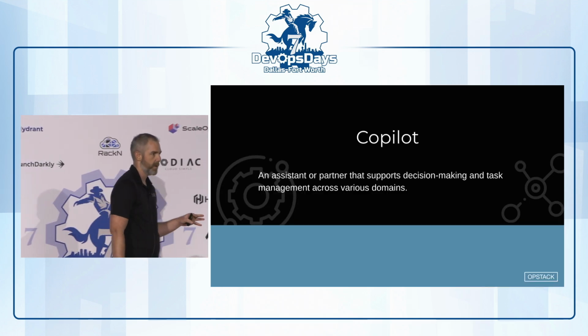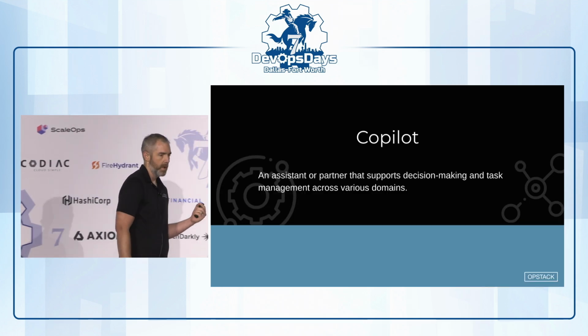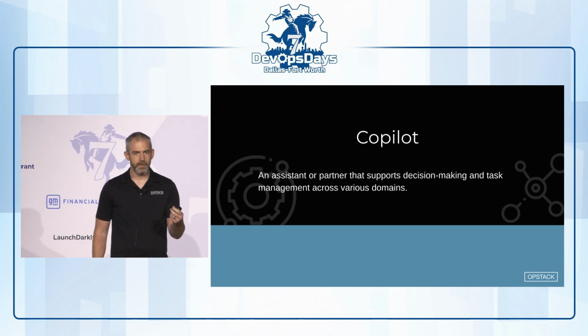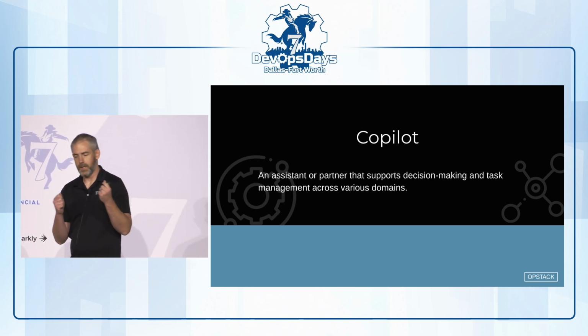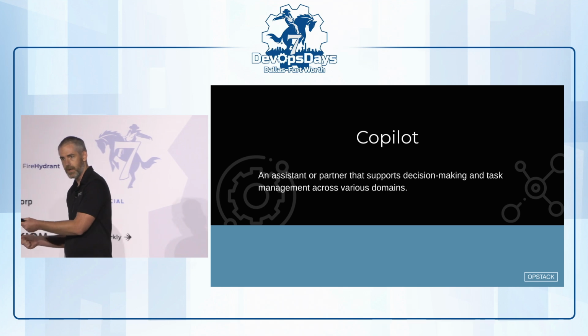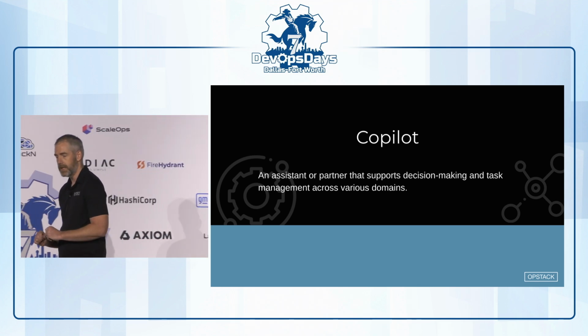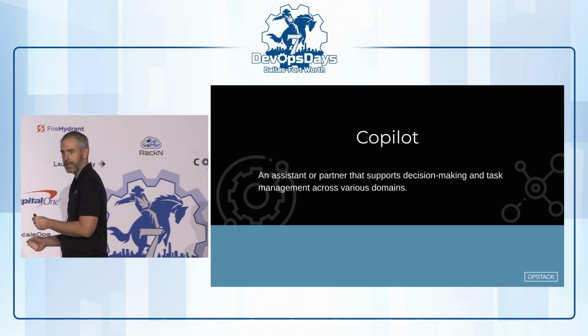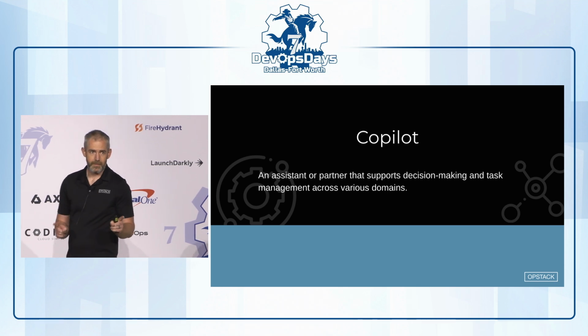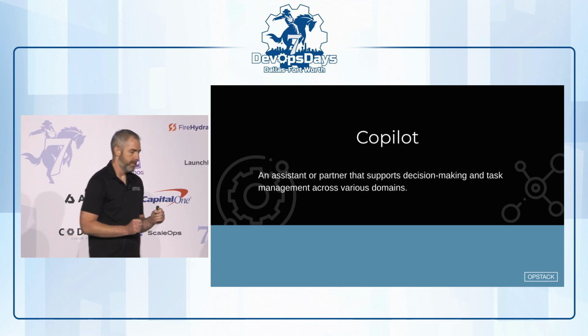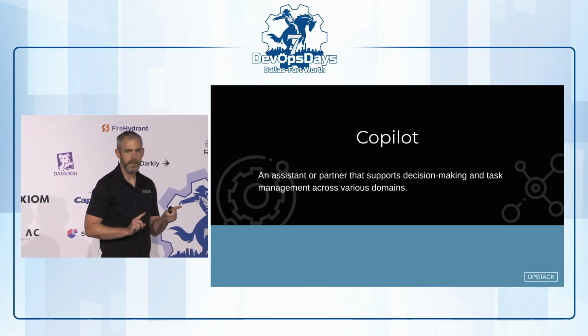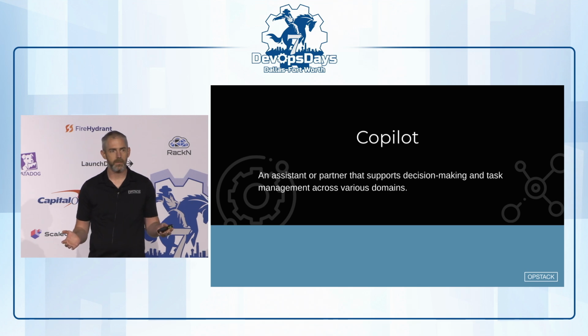The second term I want to talk about is Copilot. When I say Copilot, you of course all immediately think about the wildly successful Microsoft product line and/or GitHub's code generation utility. But that's not the only way this term is used. Prior to that, it would most likely be associated with the airline industry.